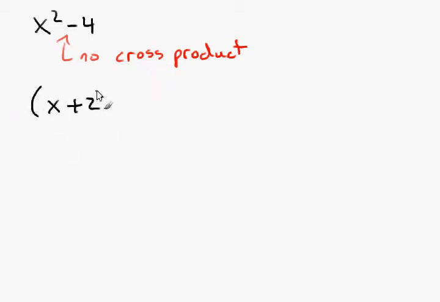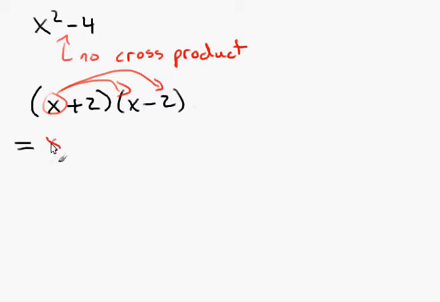Well, if their sign is opposite. So let's take a look at this guy. When we distribute the x, we're going to have x squared minus 2x. Then we're going to go ahead and distribute the 2, and we'll have plus 2x minus 4.